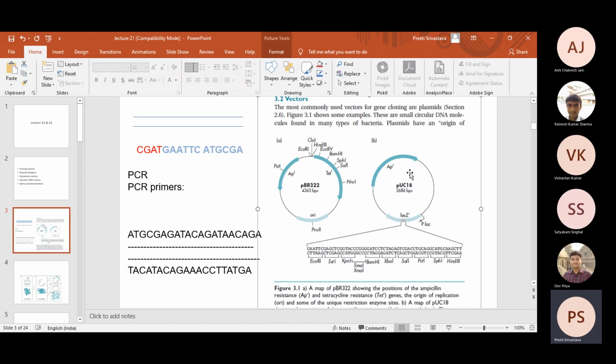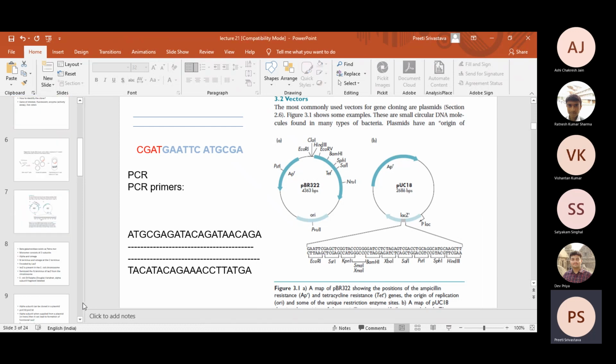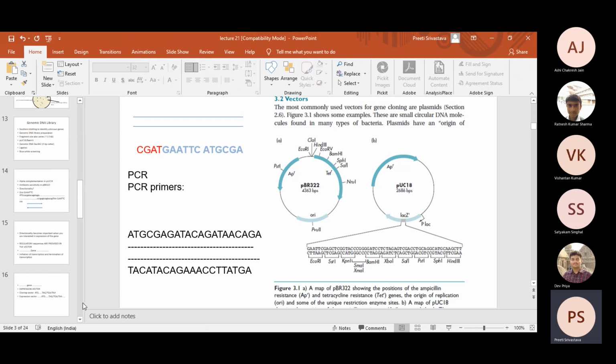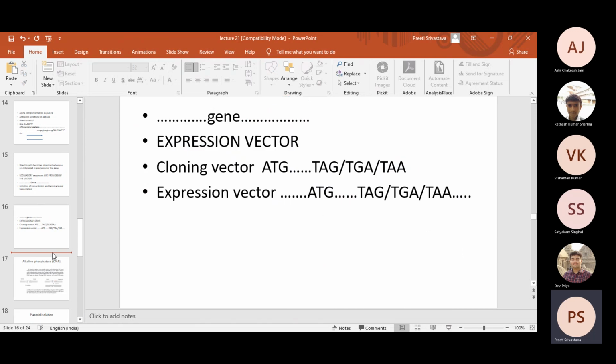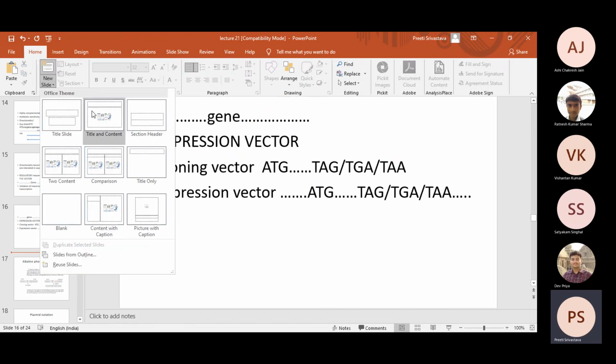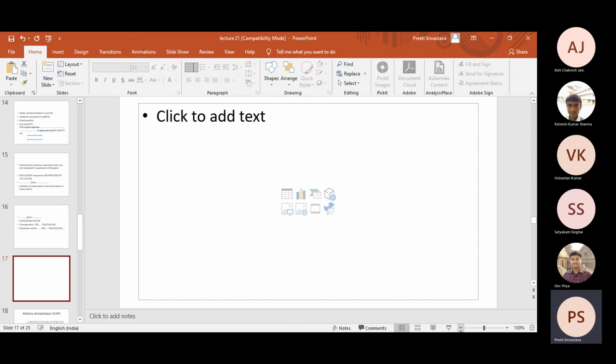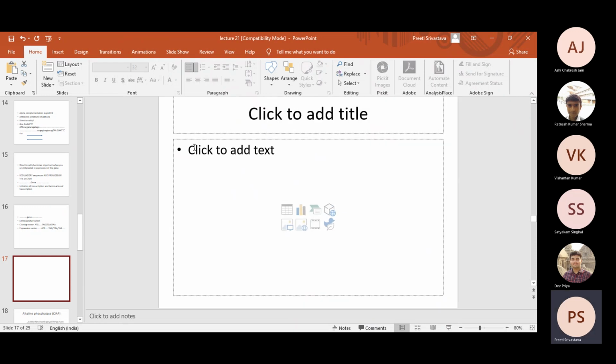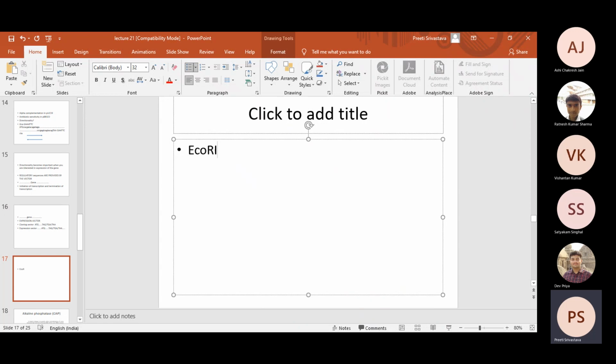So lacZ and antibiotic resistance gene cassettes are good for screening, because you can select on antibiotic plates and look for antibiotic sensitivity. In case of lacZ, you can do blue-white screening, but then often you can have a situation where you will have to clone at just one site and you do not have the option of selecting two sites. So for example, you do not have this option of selecting, let's say, EcoRI and SmaI.